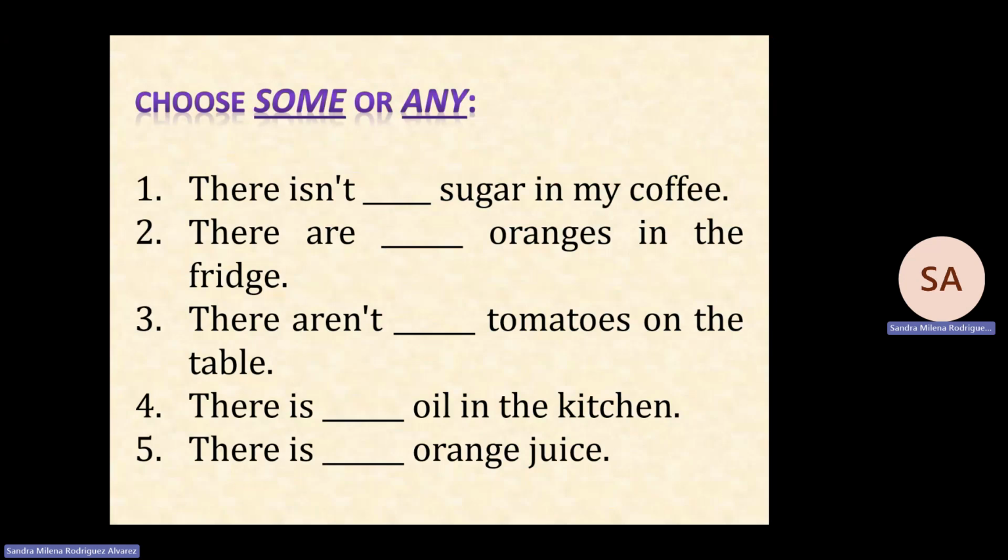If it would be singular, I would use a or an. There is oil in the kitchen. I am talking about an uncountable noun, so it is some. Then I have, there is orange juice. I am also referring in an affirmative sentence to an uncountable noun. So it is some.